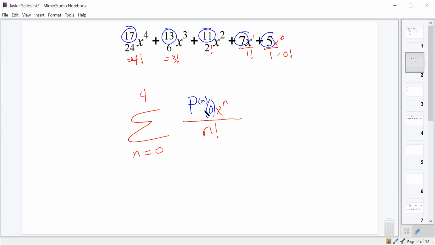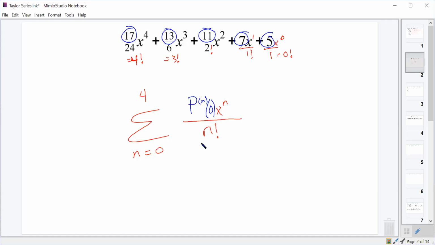We've written out the 17 24ths x to the 4th, 13 sixths x cubed, 11 halves x squared, 7x over 1, and 5x to the 0 over 1 as a sum from n equals 0 to 4 of the nth derivative at 0 of our polynomial, the 0th derivative being the actual value of the function, times x to the n over n factorial.